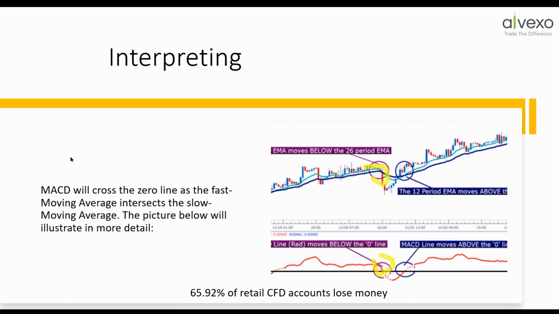The 12 period moving average, say using a 1 hour chart, looks back over the last 12 hours, whereas the 26 period looks back over 26 hours. The 12 period will react faster only because it's taking the most current 12 segments and dividing it by 12, where the longer one is using 26 segments and dividing it by 26.